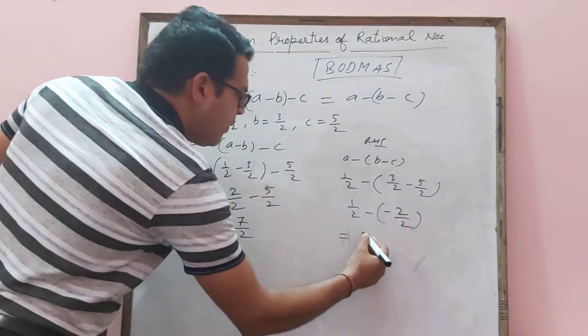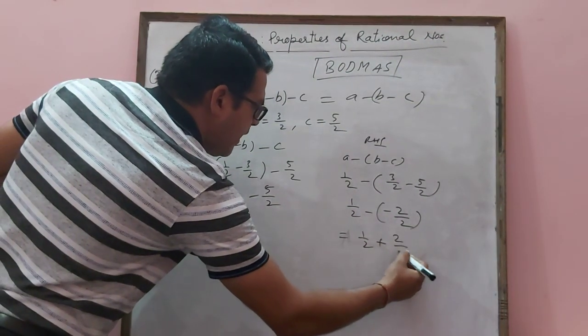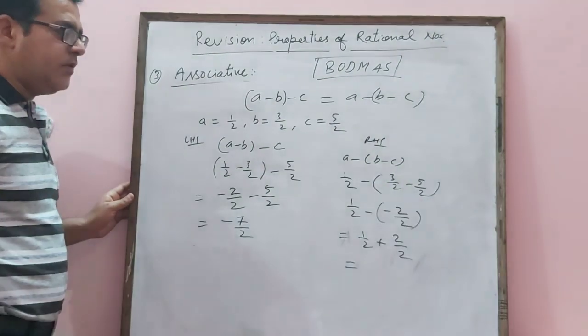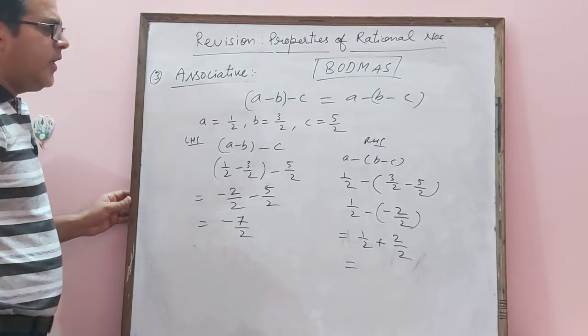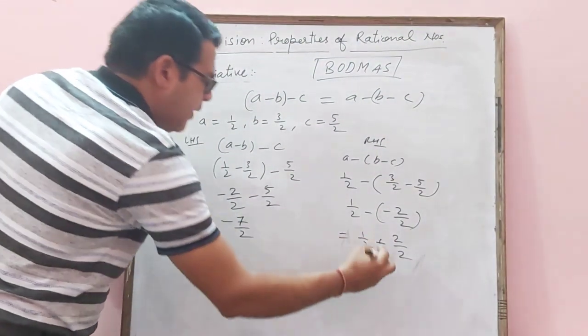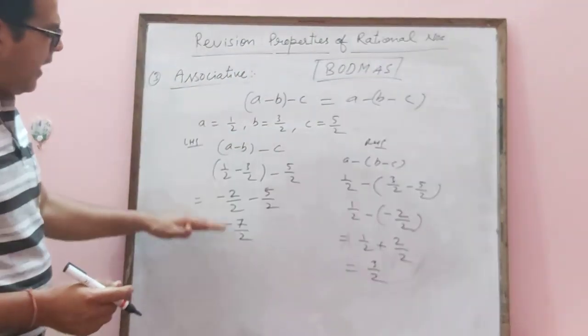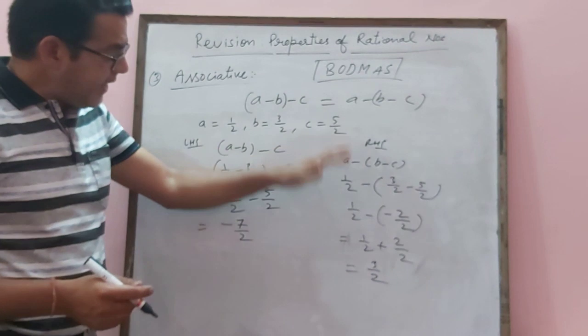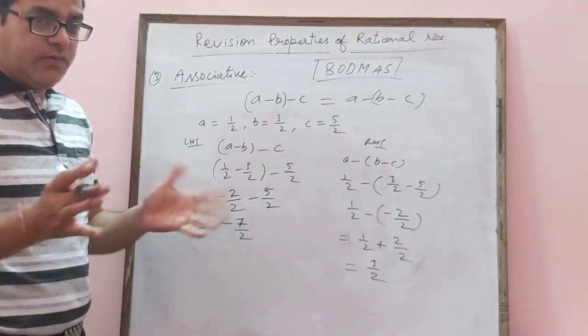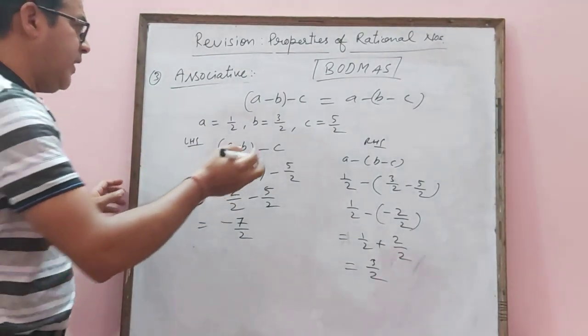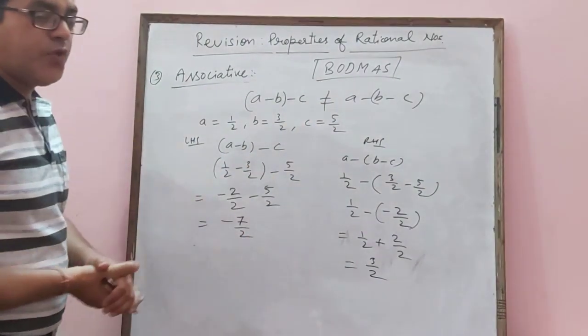Now we can open this bracket, it become now 2 by 2. Right? So 2 plus 1, 3 by 2 we can write here. Now you can see here left hand side is minus 7 by 2, right hand side is 3 by 2. Not same. It means we can say that this relation is not true.